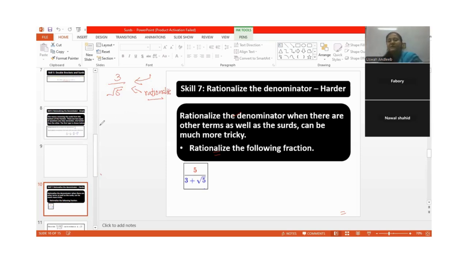So what does rationalization mean? I hope you know this is the class 3 concept. This is the numerator and this is the denominator. The concept of rationalizing is that I remove the square root sign, the surd sign, from the denominator. I have to do something so that I can remove the under root sign from the denominator.